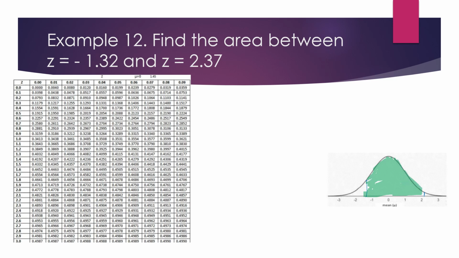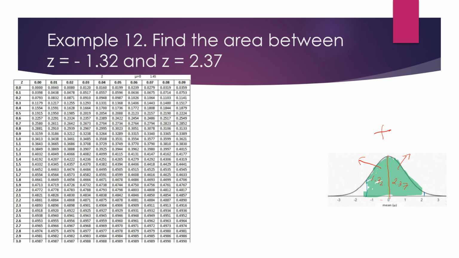So we're going to find the area of negative 1.32 and the area of 2.37, and whatever the values of these two regions, we will just have to add to find the area of the whole shaded region.